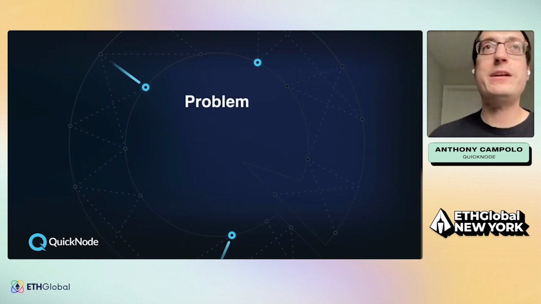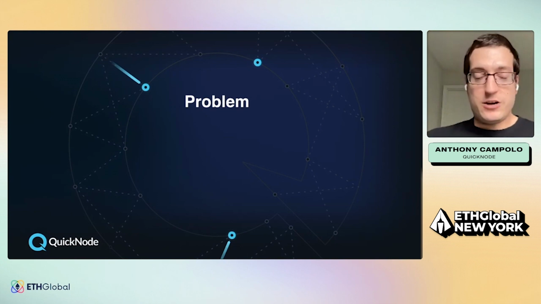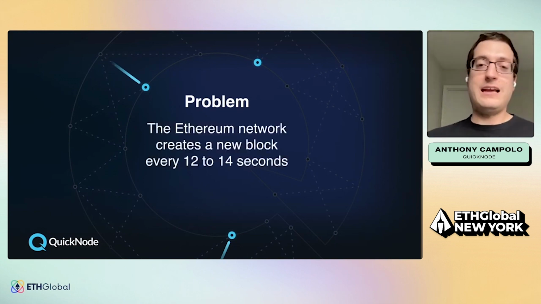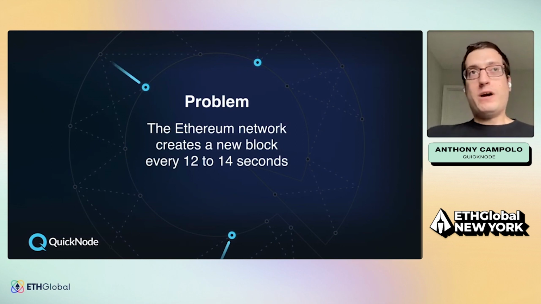First thing we should talk about is what is the problem here and why is this something that you need to know about and consider as an Ethereum developer? And the problem is that the Ethereum network creates a new block every 12 to 14 seconds. Now, when people talk about the issues with scalability, you'll frequently hear people talk about the number of transactions.